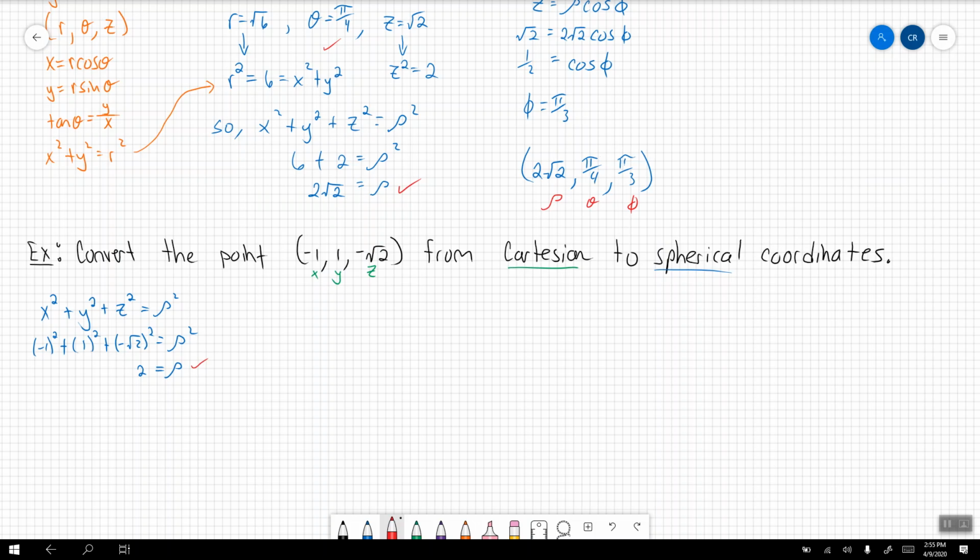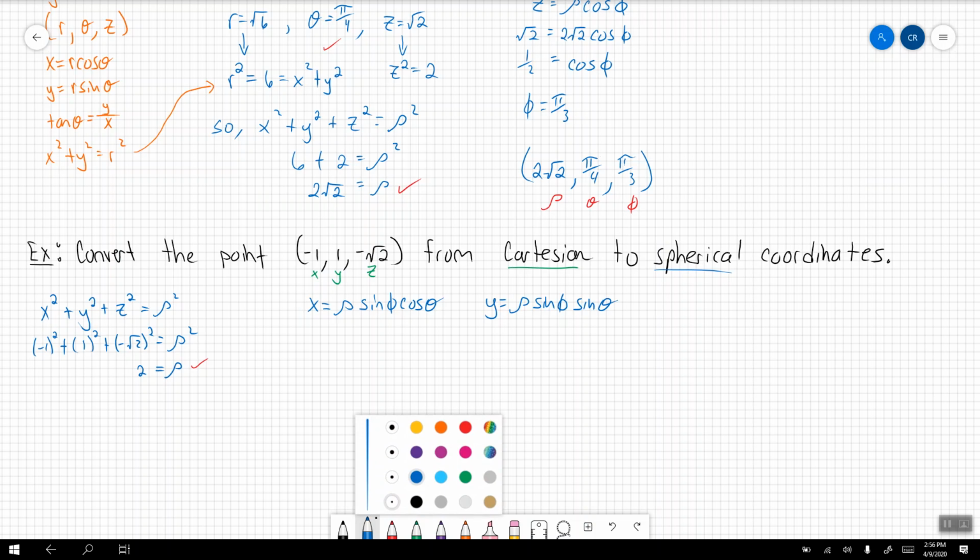All right. Now, one of the nice aspects about this, check this out. If we have x is rho sine phi cosine theta, and y, that is rho sine phi sine theta, watch what I'm going to do here.